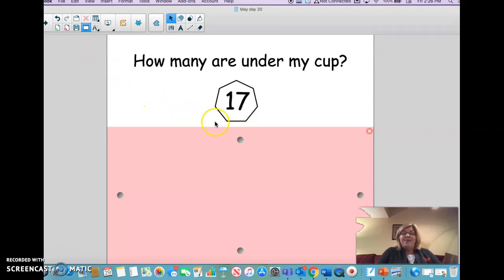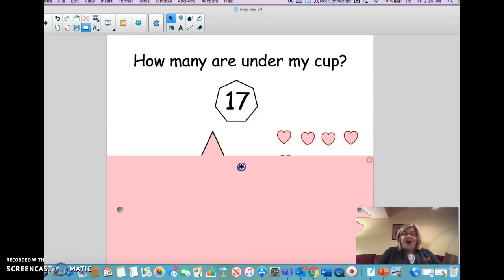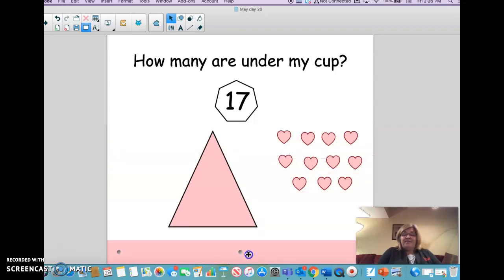Uh-oh, now there's 17. We have 17 hearts total. If we have 1, 2, 3, 4, 5, 6, 7, 8, 9, 10, 11 laying on the table, how many are underneath this pink cup?